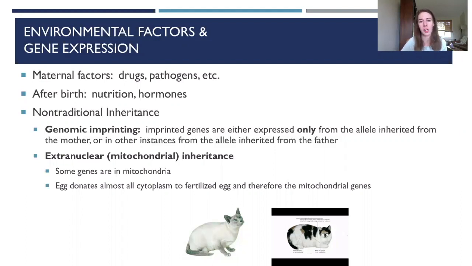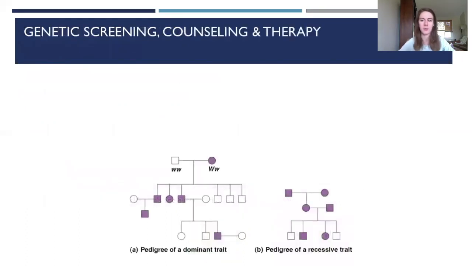And mostly those are going to be inherited from your mom, because when dad's sperm fuses with the egg and fertilization occurs, a lot of dad's other organelles and stuff are going to be lost. They're not going to be passed on and included in that future offspring. So Parkinson's is believed to be inherited this way. Obviously, this is going to be a more rare form of inheritance because you just don't have that much mitochondrial DNA in the first place.